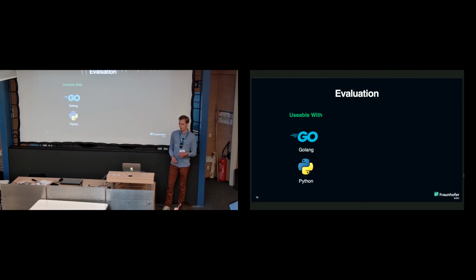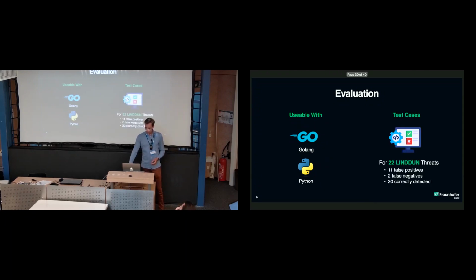These test cases are really minimal code snippets that represent client-server interactions and represent these different kinds of LINDDUN threats, including linkability threats, identifiability threats, non-repudiation threats, and so on, and also non-compliance threats regarding data protection requirements.